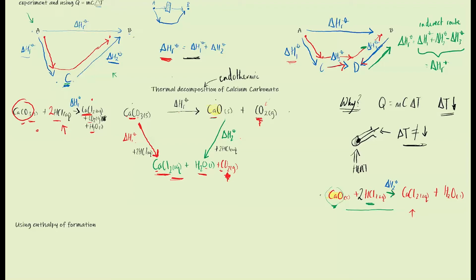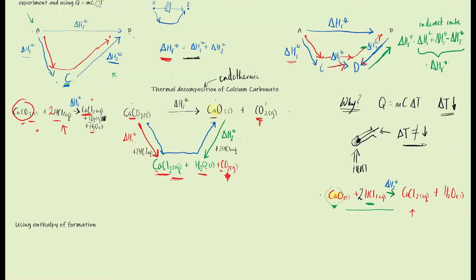Now, how do I work out delta HR when it comes to actually calculating using this Hess cycle? Well, what I normally say to my students is put a dot where you want to start, a dot where you want to end, and you are going to go from dot to dot via an indirect route. So you're going to go down, across, and up.